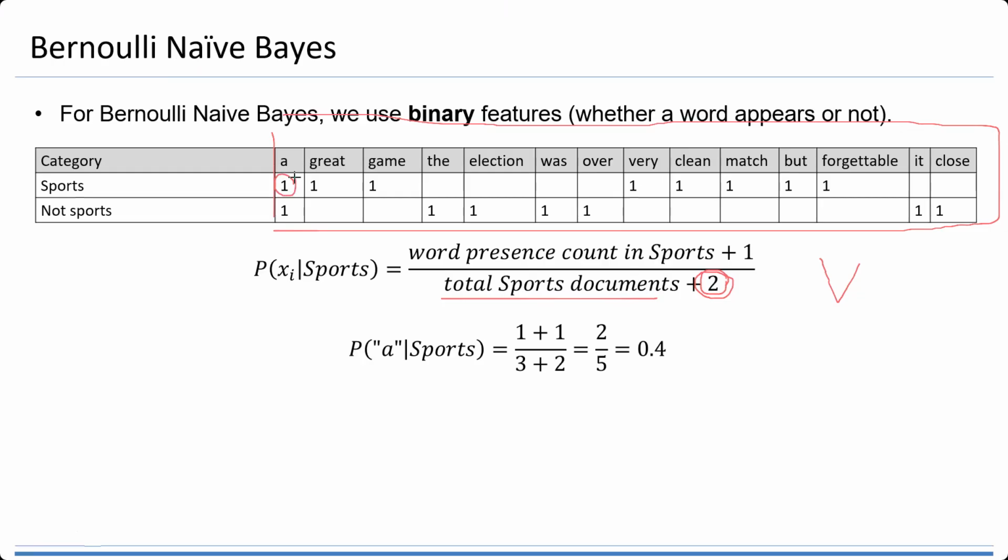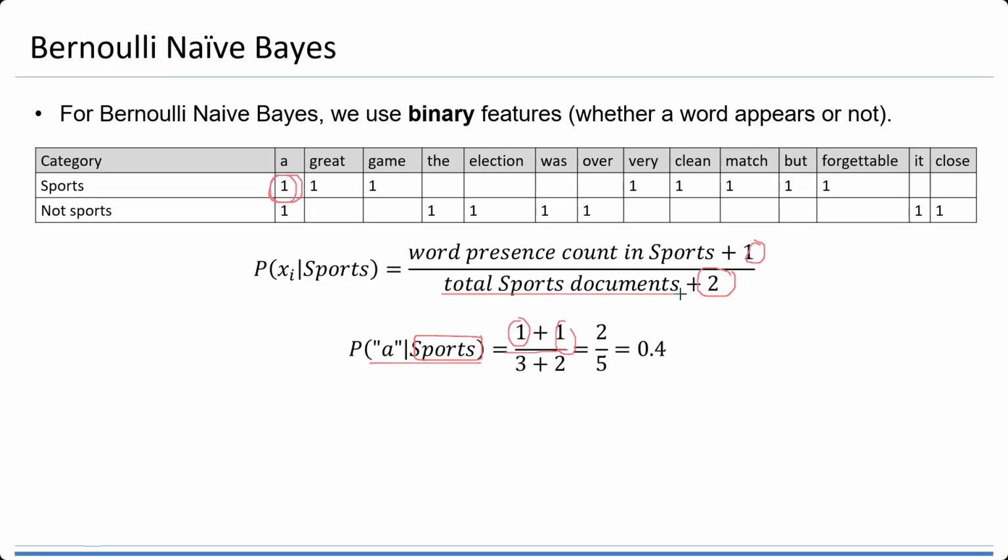This is only about whether the word exists or not, so we have 1 or 0. That's why it is better to avoid the very high number of words, and usually we just put 1 or 2, because the option here is only 0 or 1. Okay. For the word that belongs to the category sports, we have 1 plus avoid the 0, divided by the total sports documents.